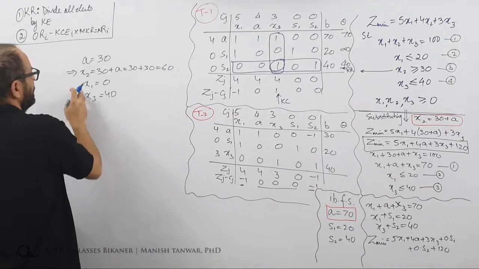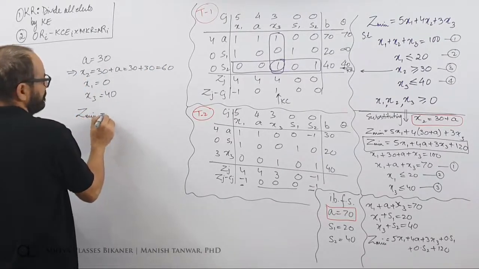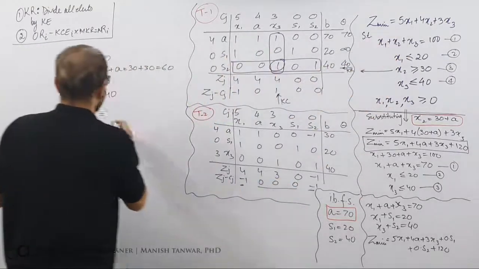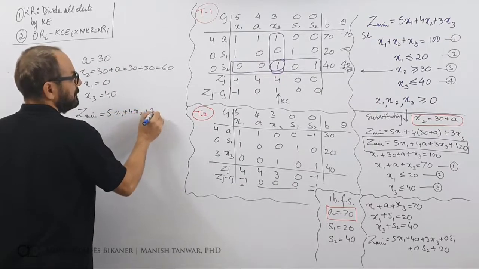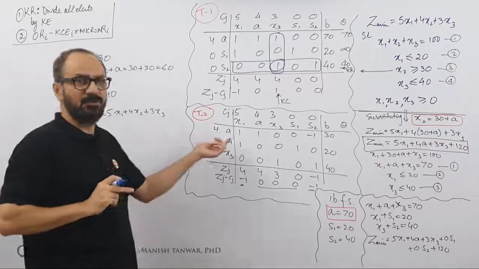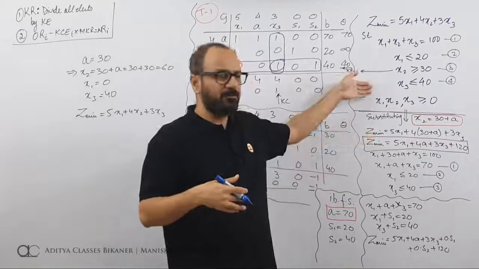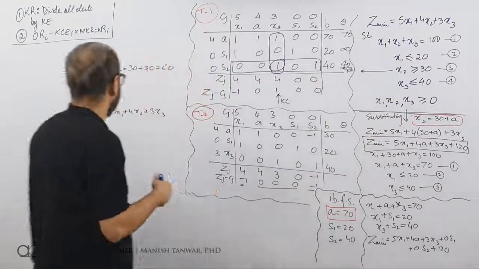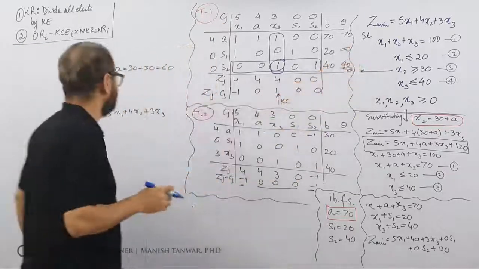x1 is 0, x3 is 40 and x2 is 60. What will be the value of z minimum? z is 5x1 plus 4x2 plus 3x3. Now I have values of x1, x2, x3. Yes, I was getting a value of A, but A was my substitution. Ultimately, the linear problem wanted a solution in terms of x1, x2, x3, so I am coming back to the initial problem given in the question.